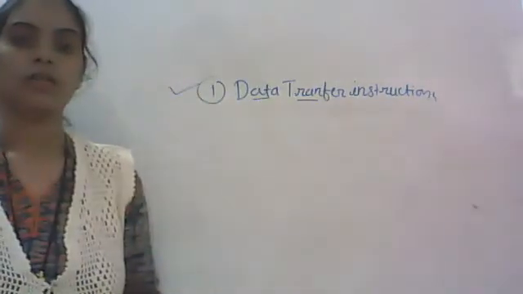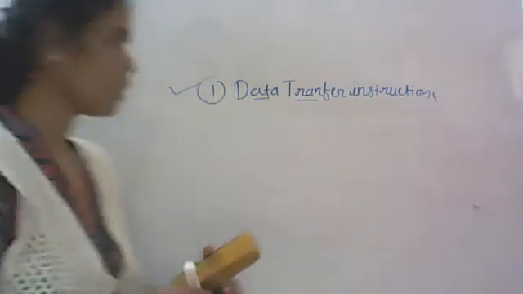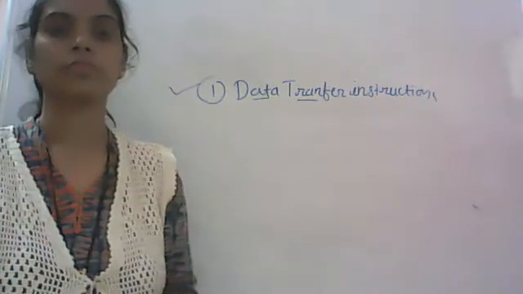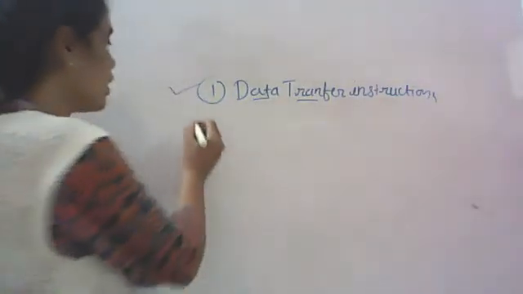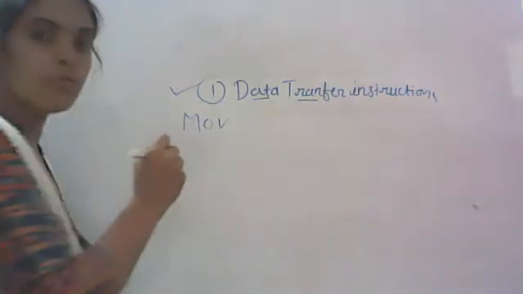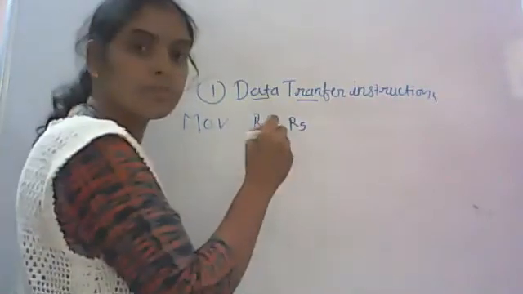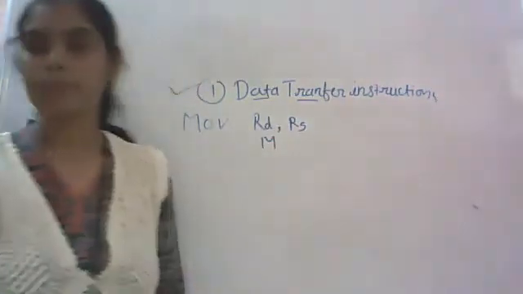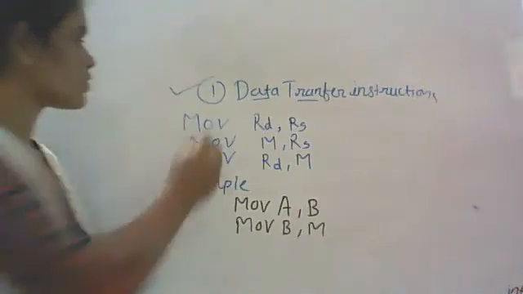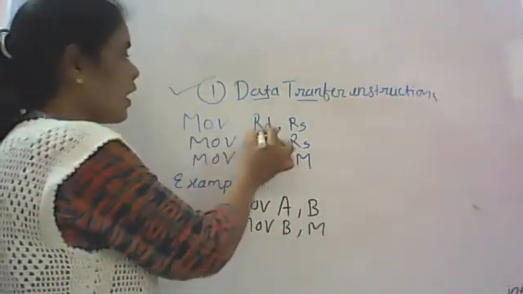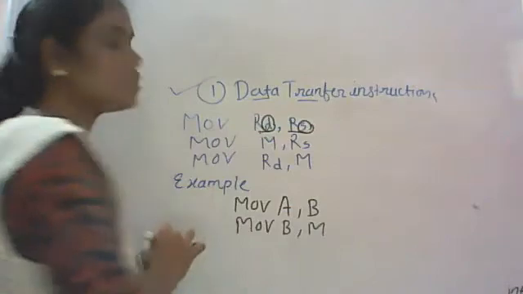Now see the data transfer instructions one by one. The first data transfer instruction is MOV Rd, Rs, where Rs is the source register and Rd is the destination register.